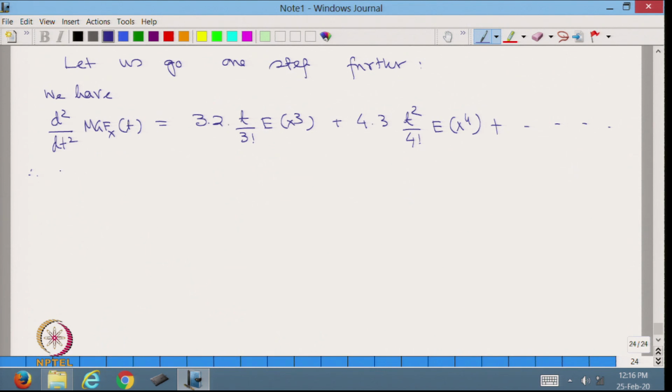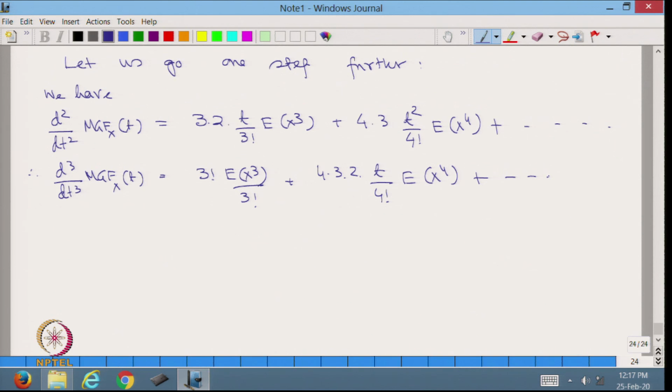Therefore, if we take the third derivative of the MGF at point t, we get factorial 3 expected value of x cube upon factorial 3 plus 4 into 3 into 2 into t upon factorial 4 into expected value of x to the power 4, like that.